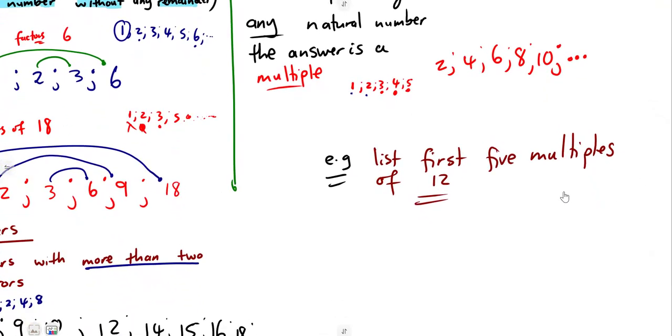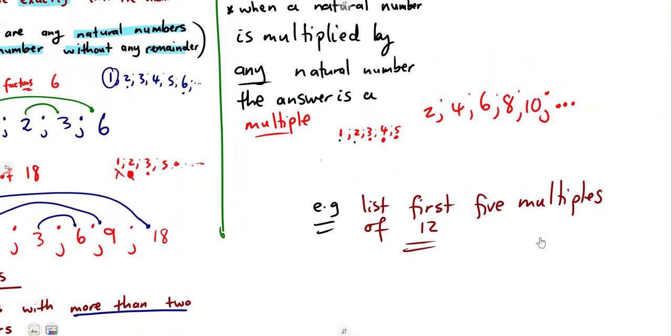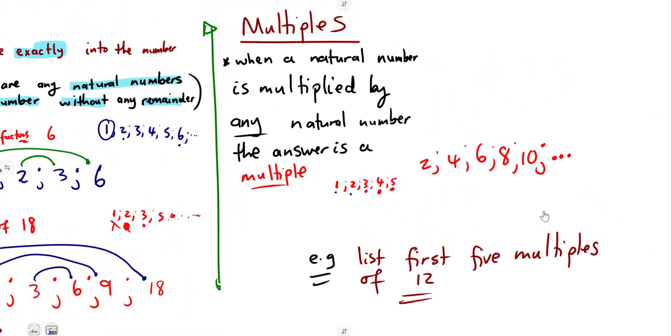Remember, I said multiples are obtained when a natural number is multiplied by any natural number.